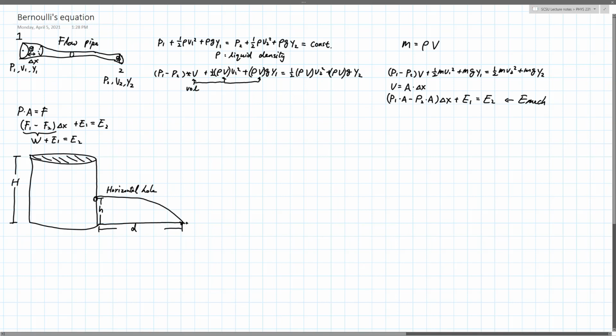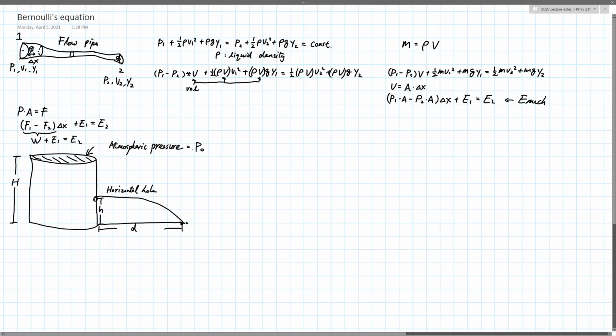And we'll assume that atmospheric pressure is P0. We don't really have to care exactly about the pressure, but we want to define that as P0. Okay, so now the fluid starts to flow.